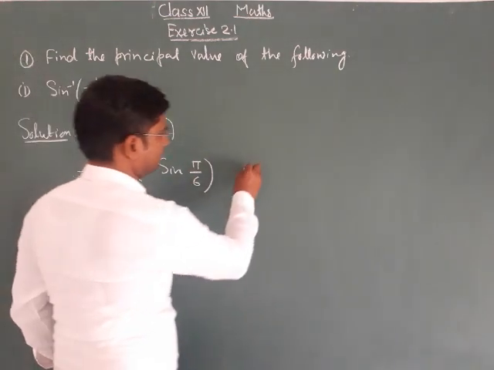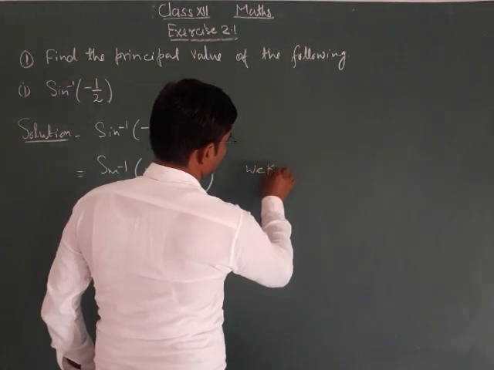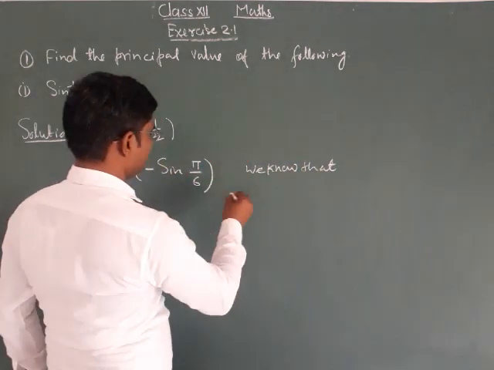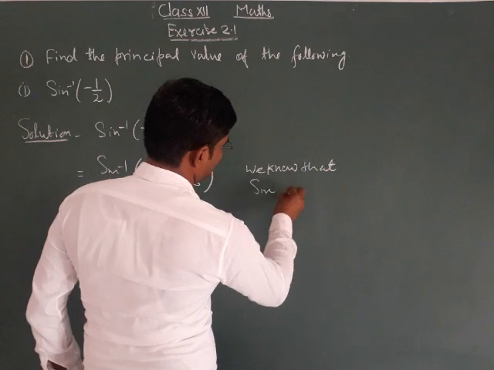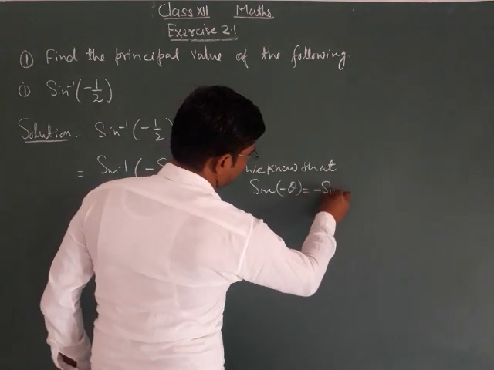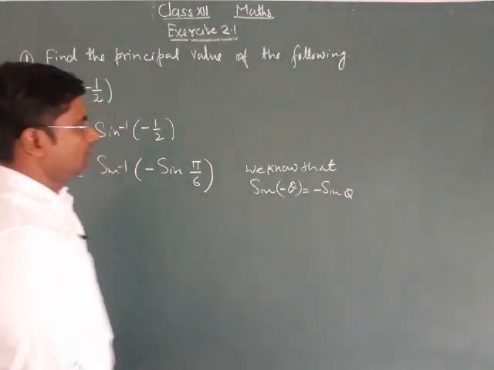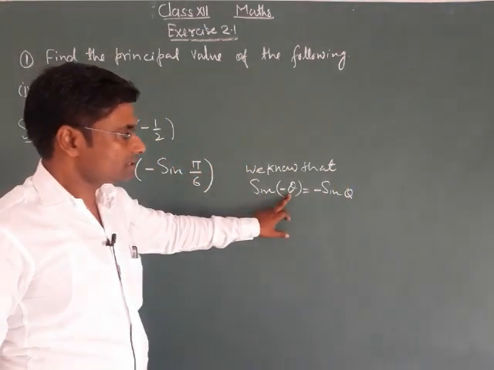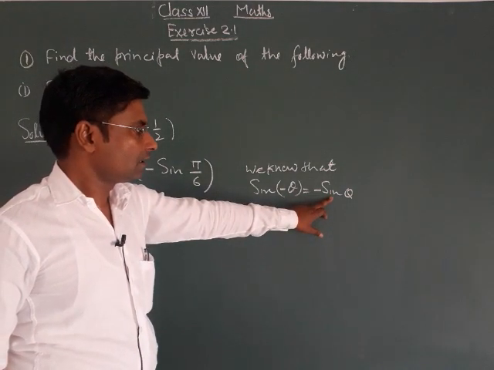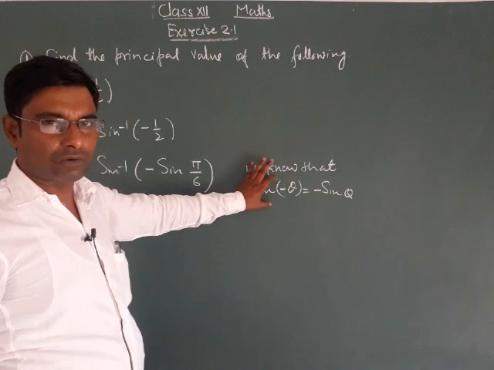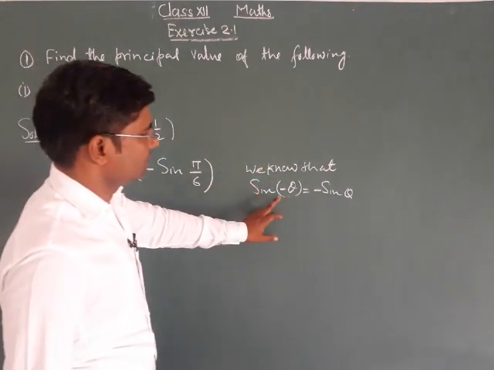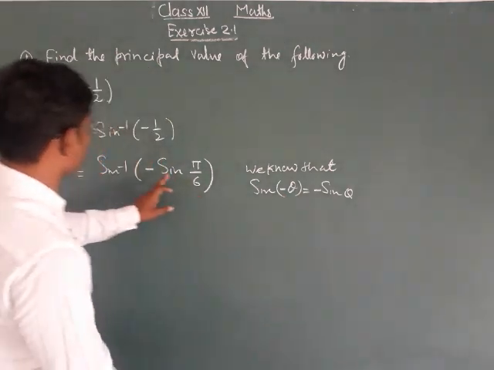We know that sine minus theta is equal to minus sine theta, and this lies in the fourth quadrant. So now we replace it according to this formula.